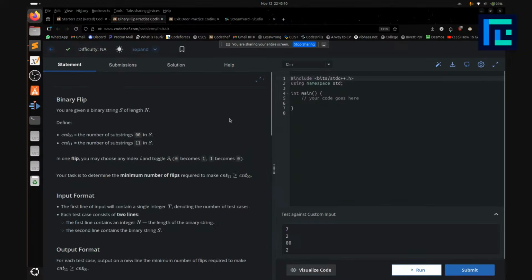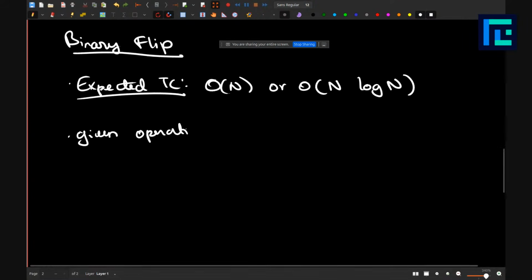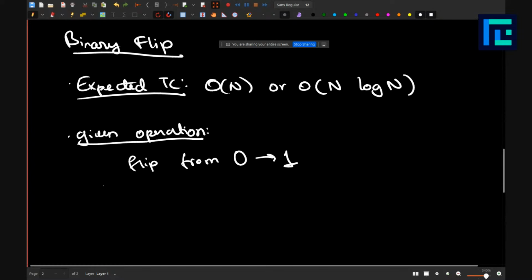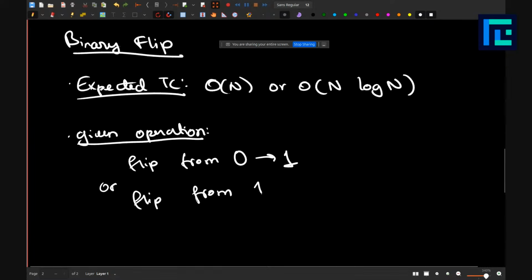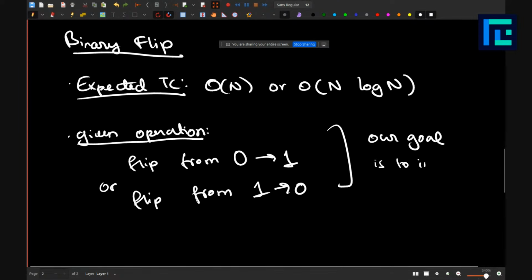Okay. So basically in one flip, we're able to flip from 0 to 1, or flip a 1 to 0, right? But our goal is to increase the number of 11s.